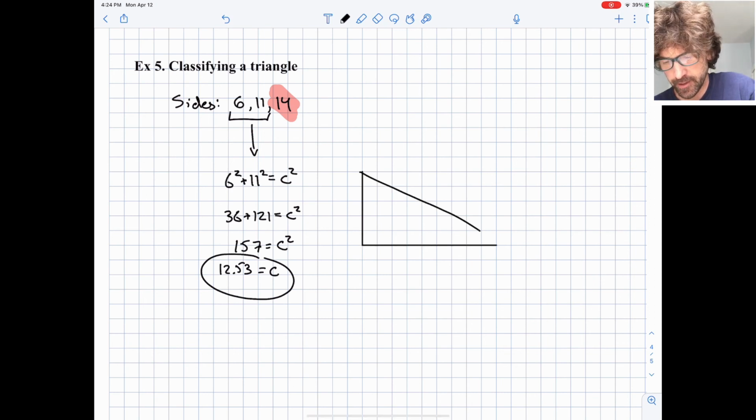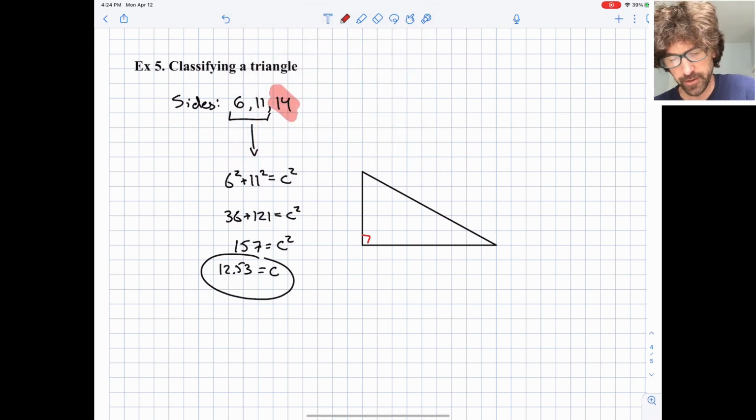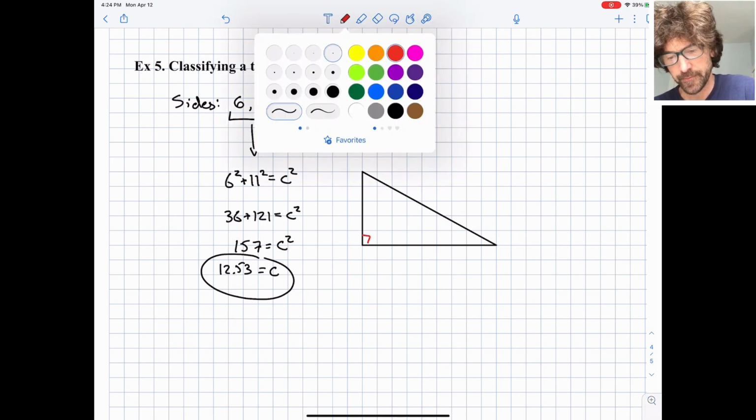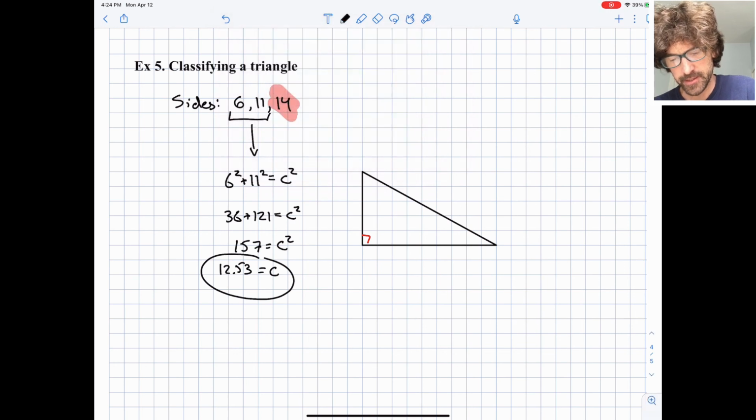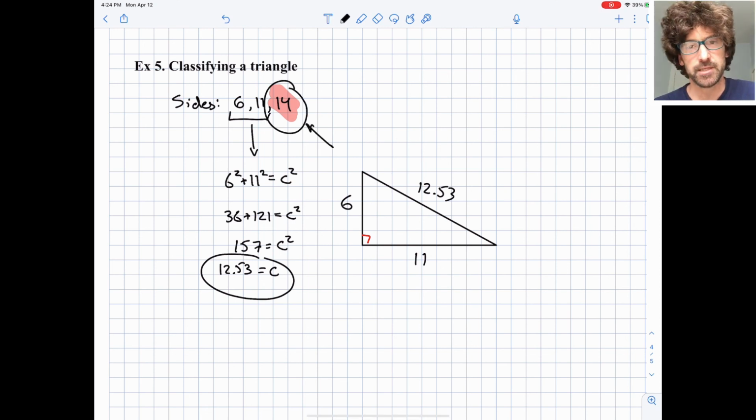So if we have a triangle that looks roughly like this, and if it were to be a right triangle with legs of 6 and 11, we would have a hypotenuse of 12.53. This third side of the triangle we're given here is 14. It's too long, it's too big.